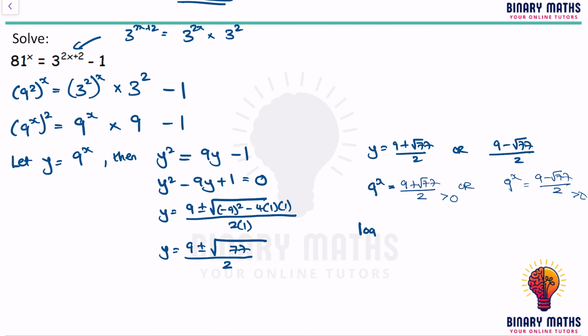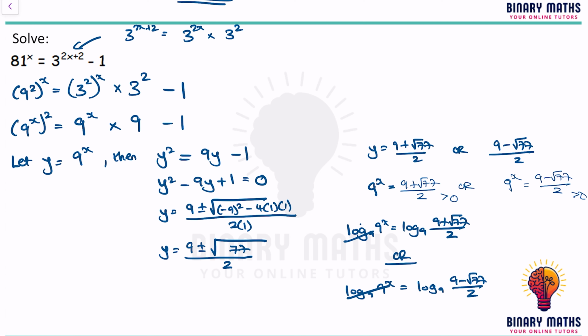So I get log base 9 of 9 to the x is equal to log base 9 of 9 plus root 77 over 2, or log base 9 of 9 to the power of x is equal to log base 9 of 9 minus root 77 over 2.